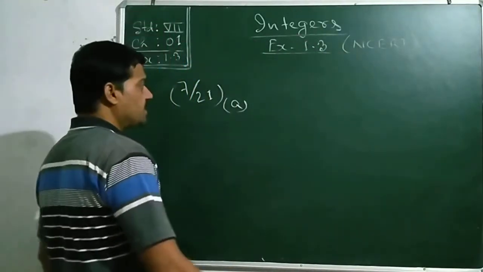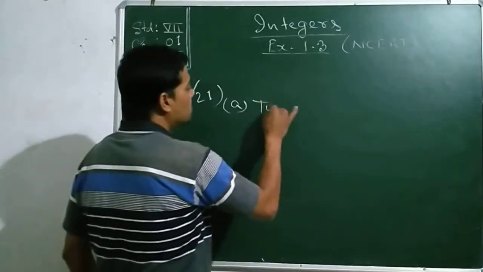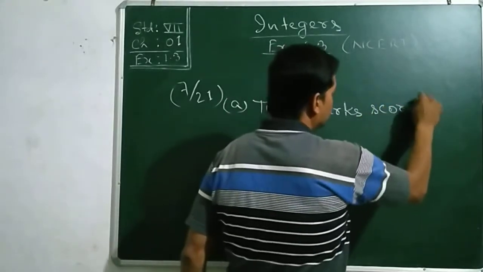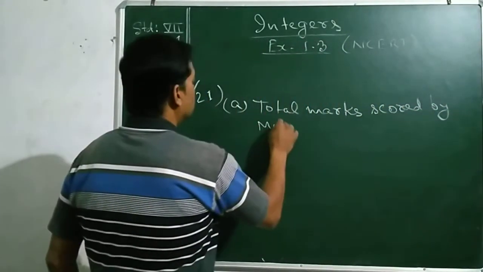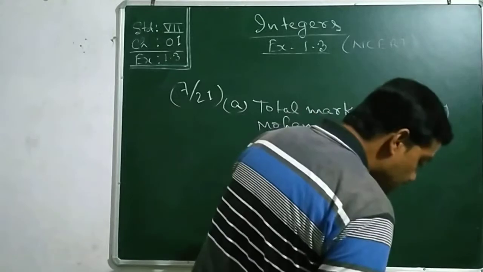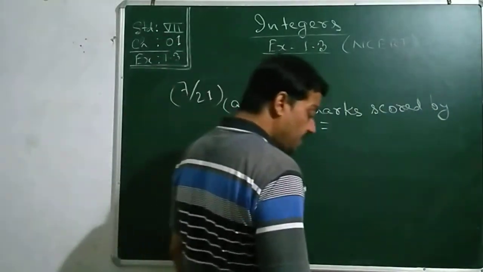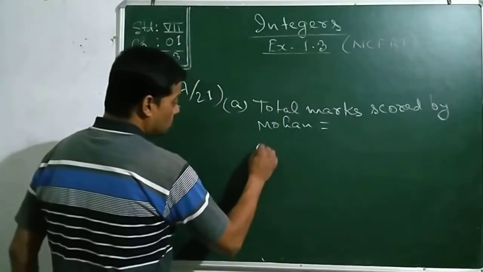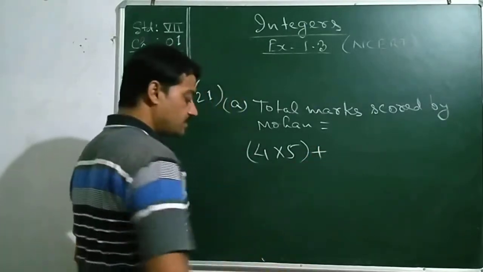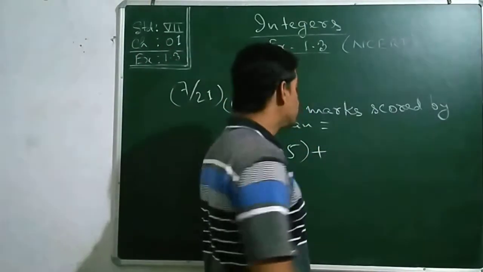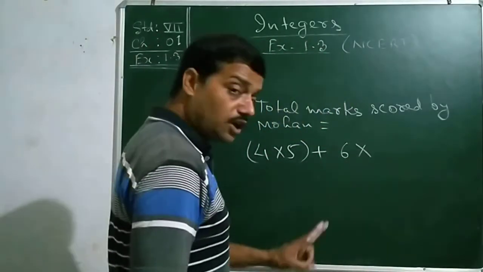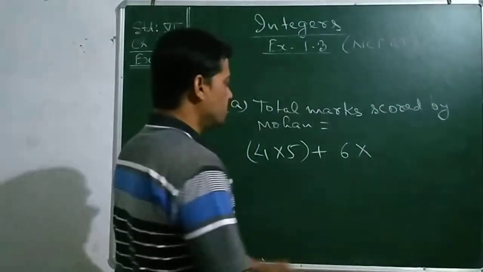So the total marks scored by Mohan is equal to, for the correct answers 5 marks are awarded and he had done 4 corrects, so 4 into 5, plus, for the incorrects, 6 into, for every incorrect answer -2 is given.